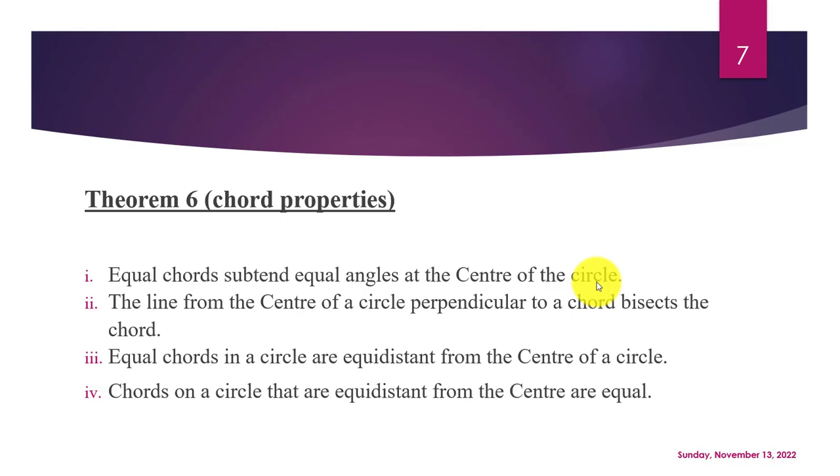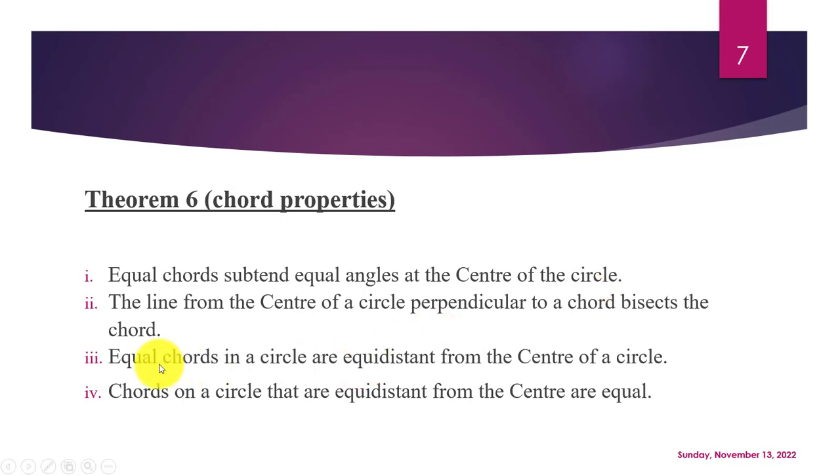The second property states that the line from the center of a circle perpendicular to a chord bisects the chord. So if you have a chord and we draw a line from the center of the circle to meet the chord perpendicularly, it bisects that chord.